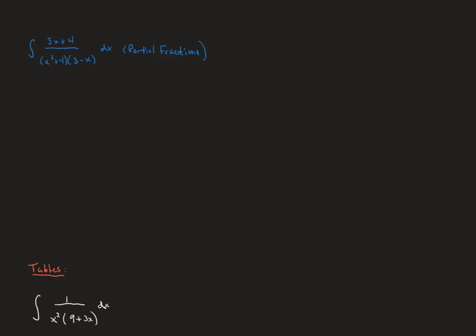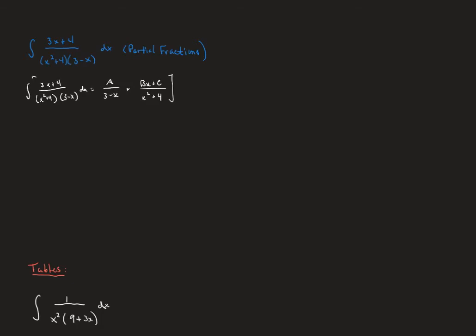So we can say that our integral of 3x plus 4 over the x squared plus 4 is an irreducible quadratic. And so we're going to call that A over 3 minus x, and then plus Bx plus C over x squared plus 4.